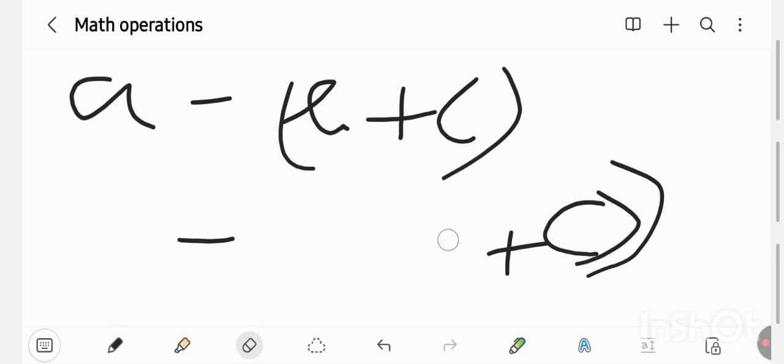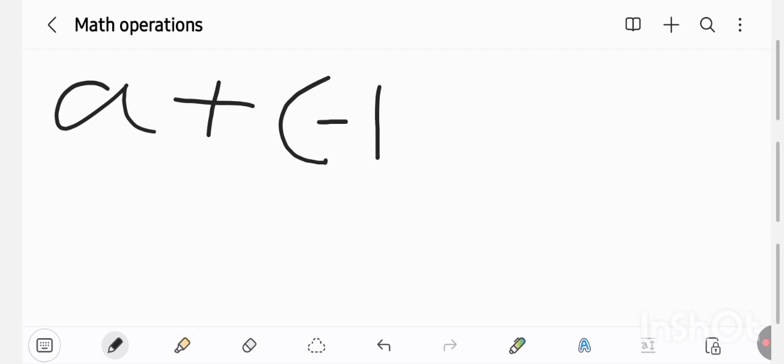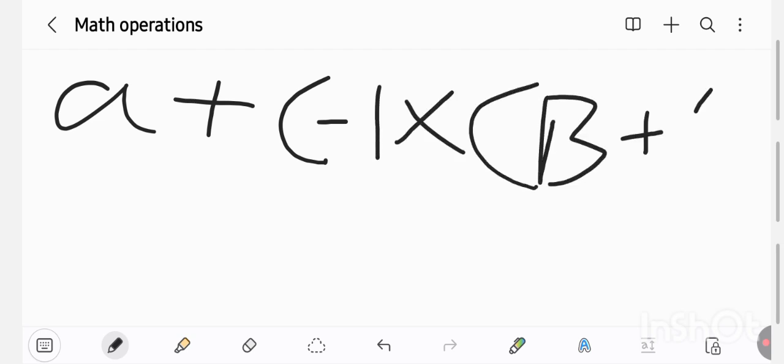Now look, we know minus distributes. Why? Because minus is always multiplied. So now you have a plus minus 1 times b plus c.